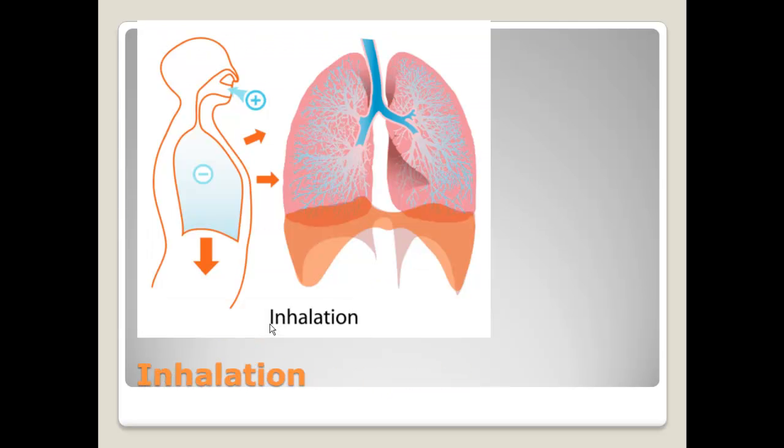So the process of inhalation, important key things. You made your little model with your cup and your diaphragm, rubber glove. In inhalation, the diaphragm, a couple of words we want to associate with this: it is contracting, it is pulling down, it is becoming flattened because at rest it is dome shaped.